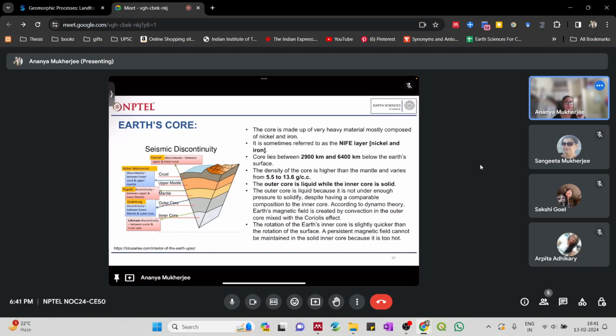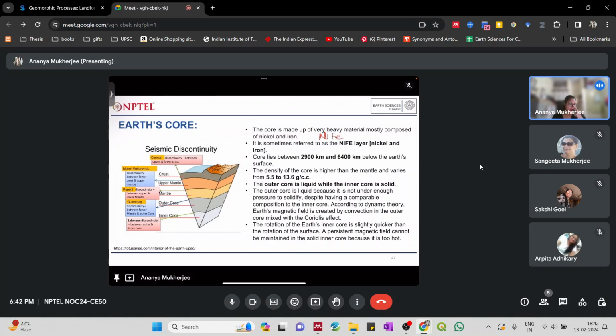Now the core is the densest. It is very dense, and the composition, the material, everything is much denser when you are comparing it to your crust and mantle. It is mostly composed of nickel and Fe.